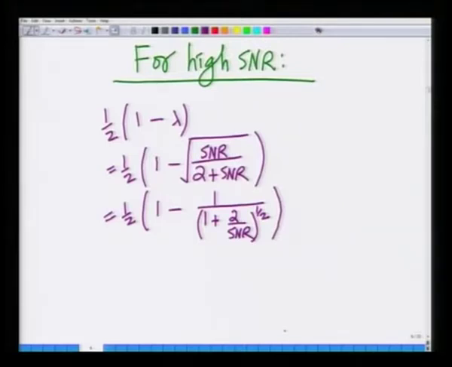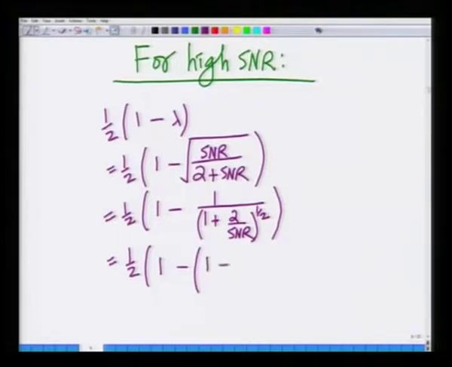Look at this: (1 plus 2 over SNR) to the power of half is in the denominator. As SNR increases, this 2 over SNR term becomes progressively smaller, which means I can use a first order approximation: (1 plus 2 over SNR) to the power of minus half is approximately 1 minus half times 2 over SNR.